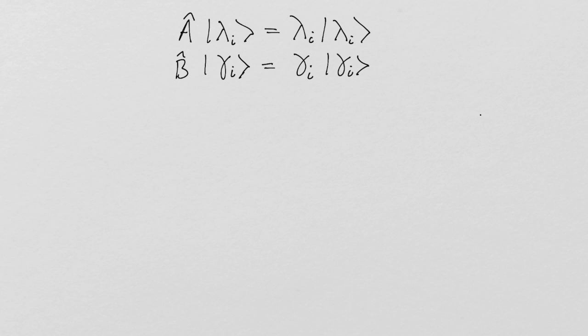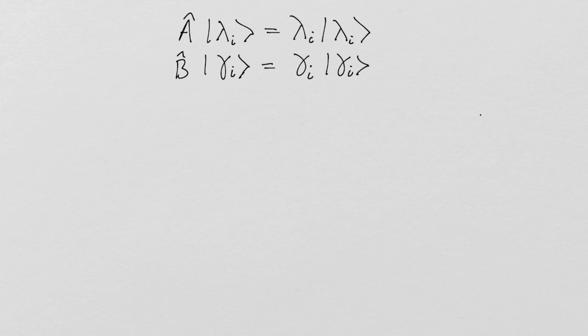Now, we have the option of taking any possible physical state and expressing it in terms of either of these collections of eigenkets, because we now know these eigenkets are orthonormal and we presume that they're normalized.